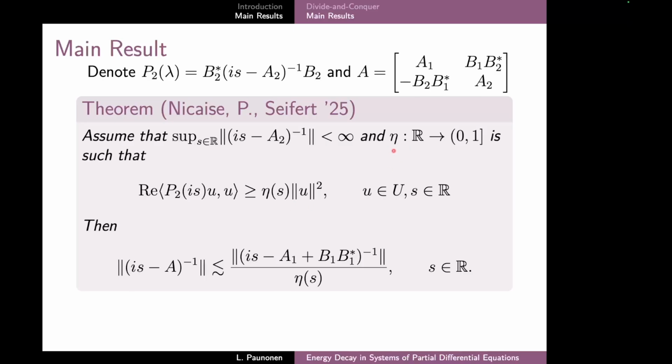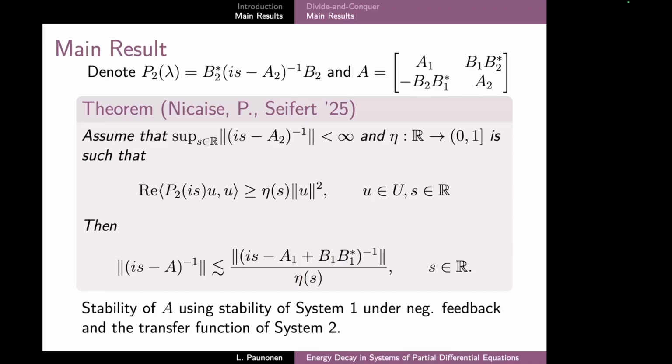And the eta here is a function which is allowed to go to 0 as s goes to plus or minus infinity. And under these assumptions, our result states that the resolvent norm of our coupled system is bounded by a constant times the resolvent norm associated to system 1 under negative feedback divided by this function eta.